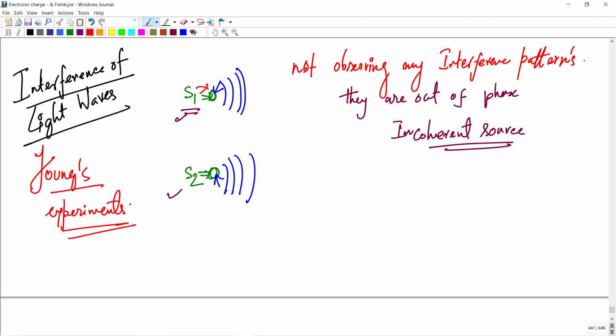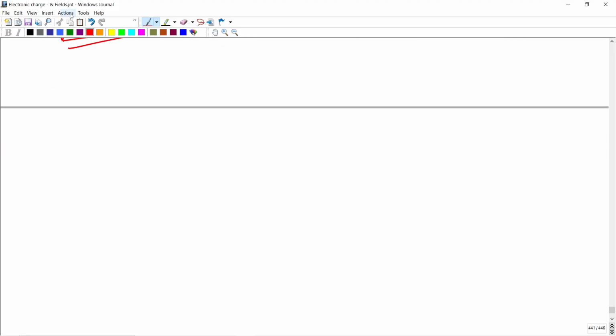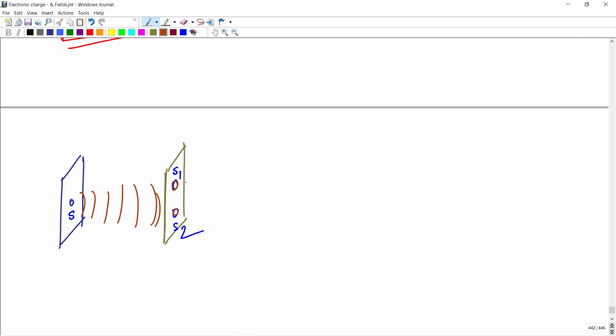If we have a single sodium lamp with a single pinhole S, and another cardboard with two pinholes, S1 and S2, then a wave passes through these pinholes, and you see that these two are secondary sources.